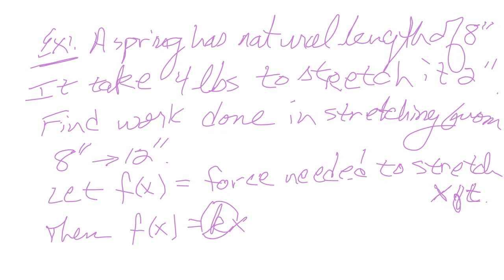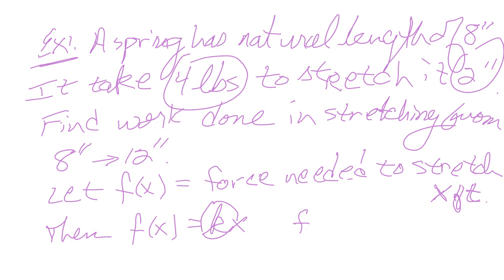So we need to figure it out. How can we figure it out? But it's constant, right? So that's Hooke's law. So we are utilizing Hooke's law here. But we know that f of any value x is k times that x, right? And so if I want to know, we were given 4 pounds of force to make it go 2 inches.